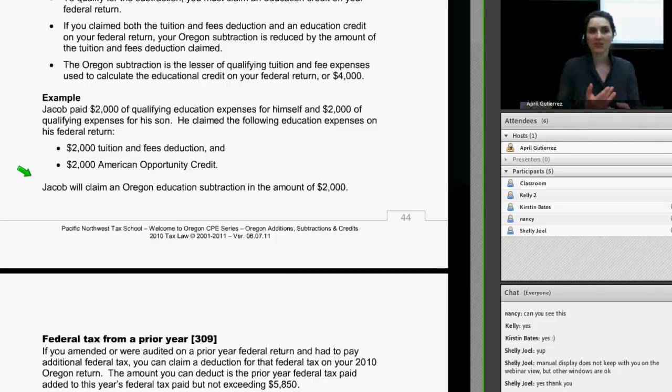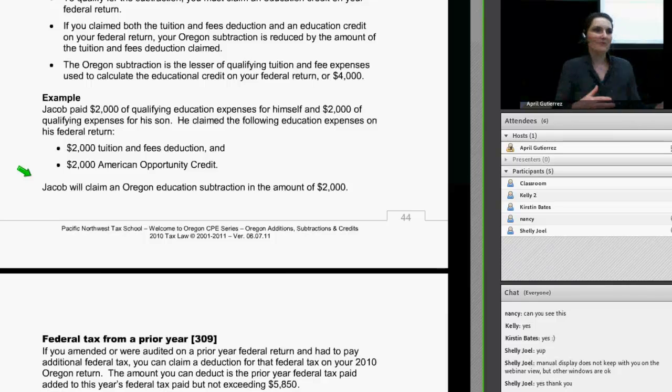At the start of the season, it was allowing a subtraction where it shouldn't. Then later on, it was creating an addition where it shouldn't. And finally, it got it right as we approached the end of tax season. But it was just a topsy-turvy world. In one part of the season, we'd have to enter an addition to offset the subtraction that didn't belong there. And then later on, the addition was there, but it didn't need to be because they corrected the software to get rid of the problem.